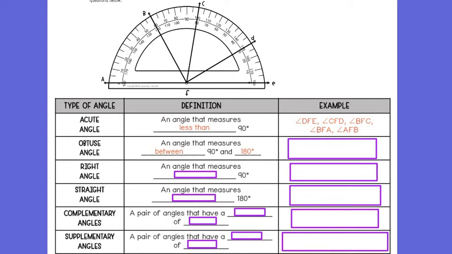A straight line. So an obtuse angle is between a right angle and a straight line.